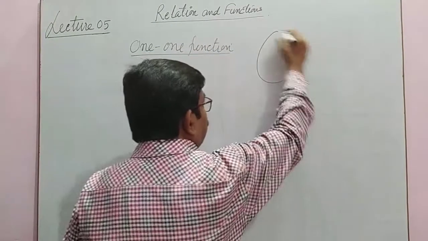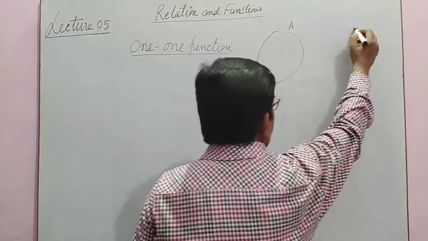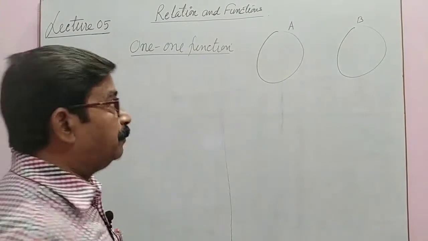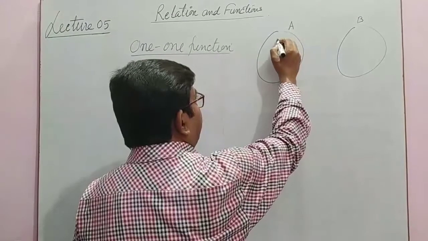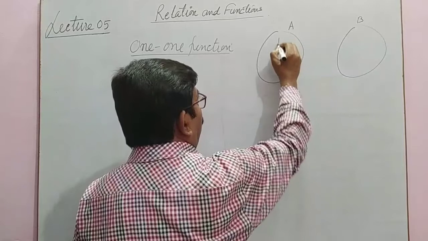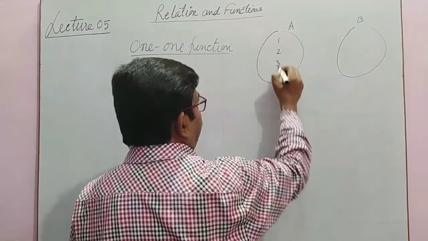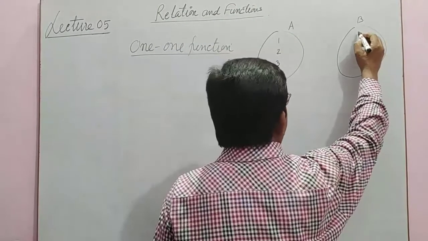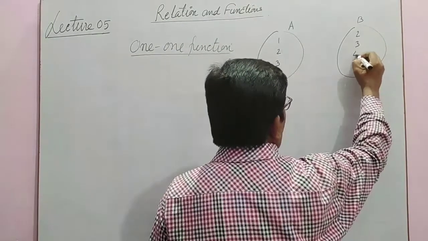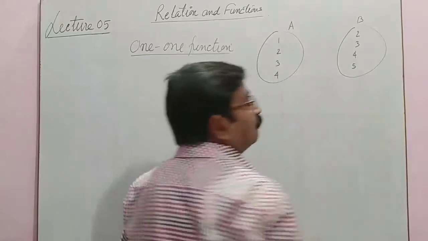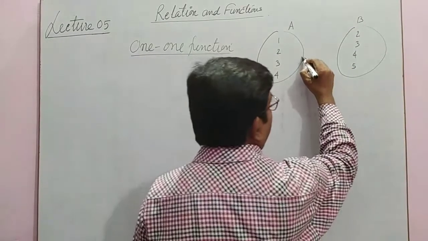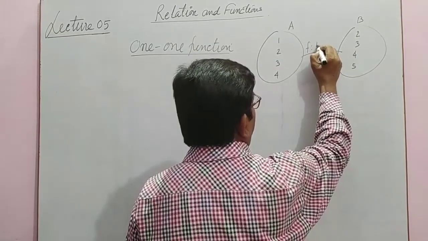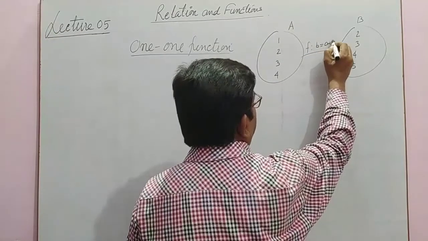See, suppose we have a set A and another set B. It is having elements, suppose 1, 2, 3, 4 in A, and 2, 3, 4, 5 in B. We are given a relation like this, f such that b is equal to a plus 1.